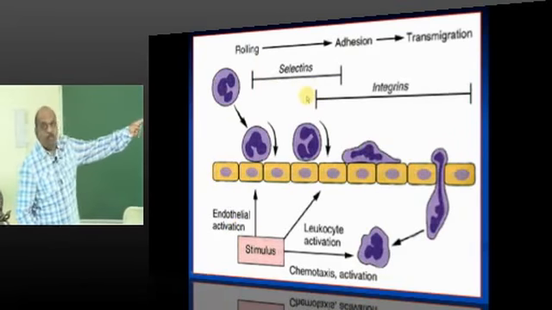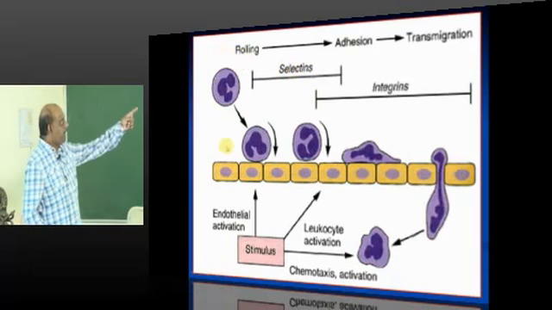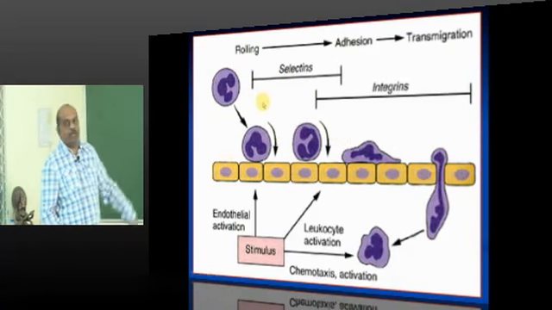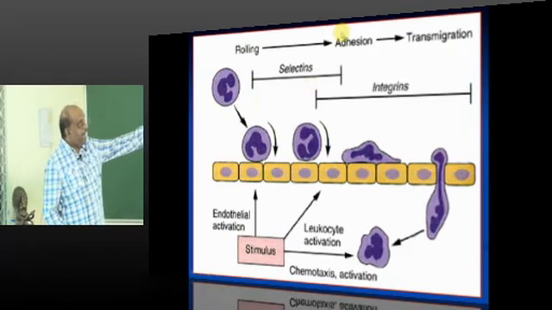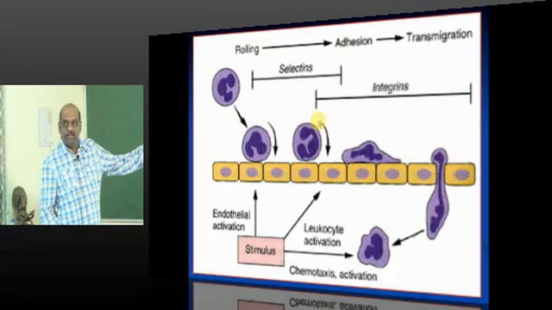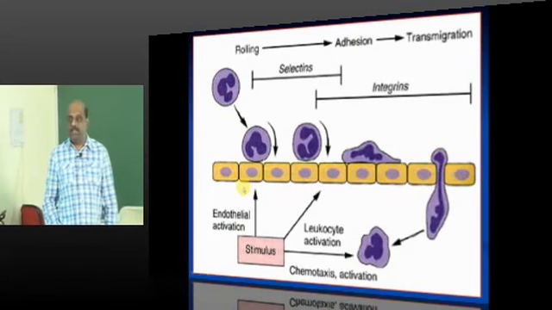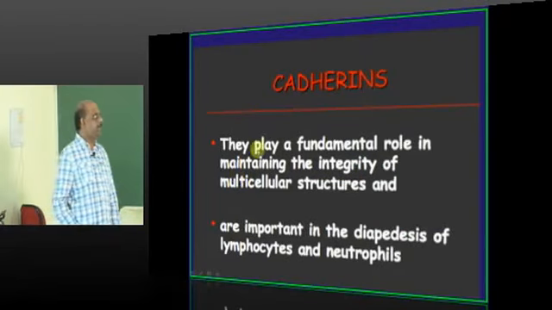So we have the molecules called selectins. For the rolling and adhesion, they are important. For the adhesion and transmigration of the inflammatory cell, we require integrins. So these 4 molecules we are going to discuss in great detail, on which a lot of MCQs are asked.